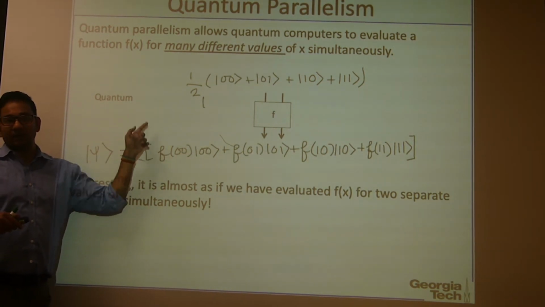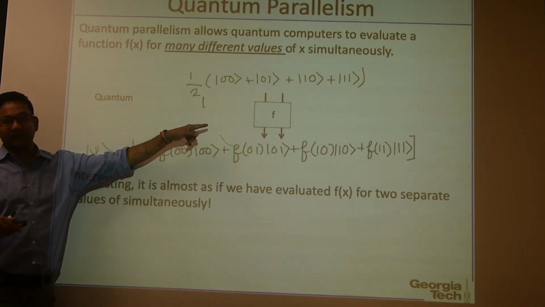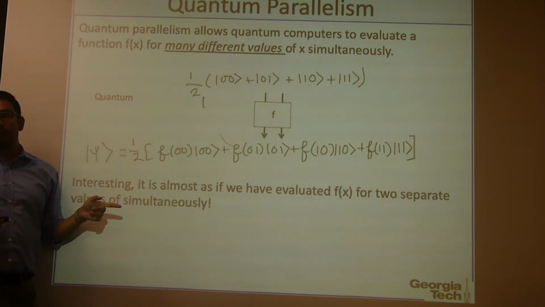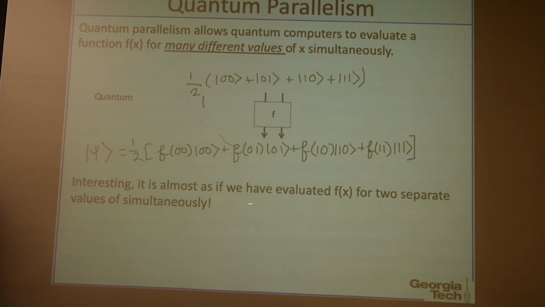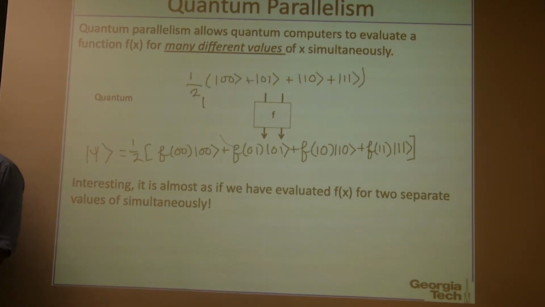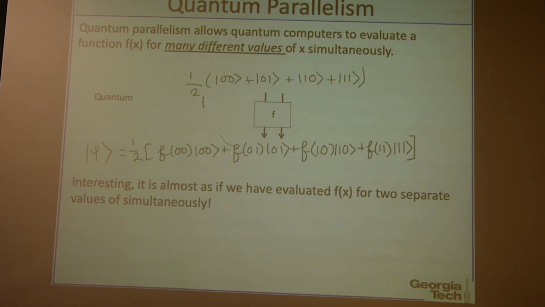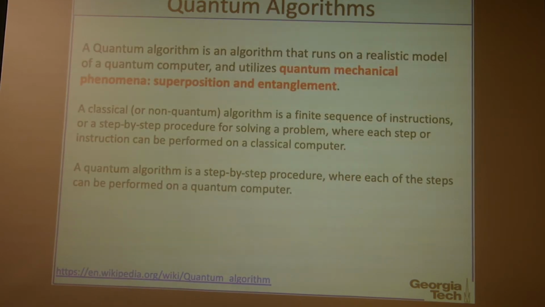So although internally it calculates the function for all the inputs, to still get the right output for each of these cases, you will need to do some more measurements. The bottom line is that using this technique with something else called interference, you can create algorithms like Shor's algorithm and other things. But the basic thing is superposition and entanglement. All right.